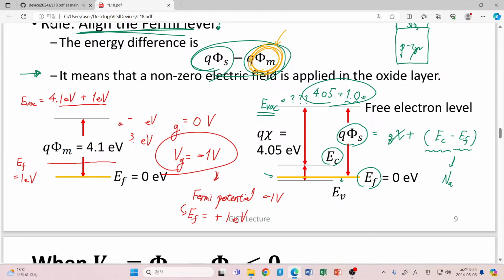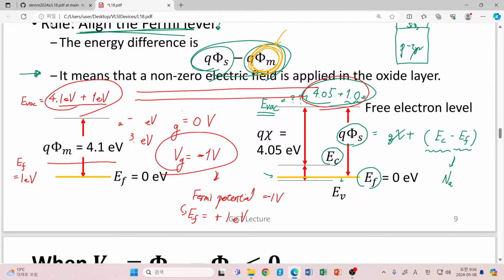Now if we have this kind of value, you may find that these are quite similar. So simply speaking, if you apply approximately -1 volt to your gate, then maybe the difference becomes quite close to 0.